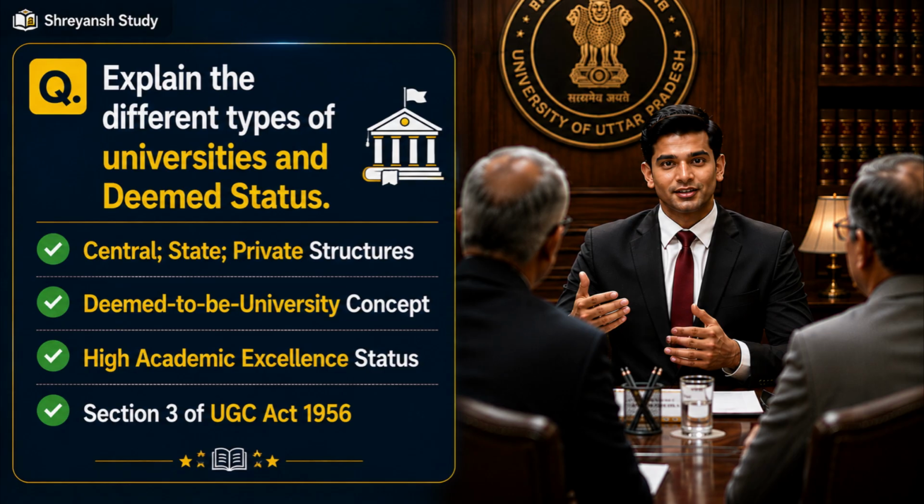Deemed to be university: an institution of high academic excellence that is not a university by birth but is granted the status and privileges of a university by the central government on the advice of the UGC under Section 3 of the UGC Act 1956.